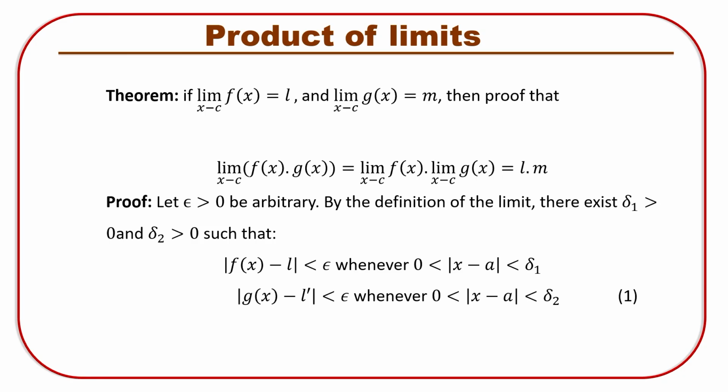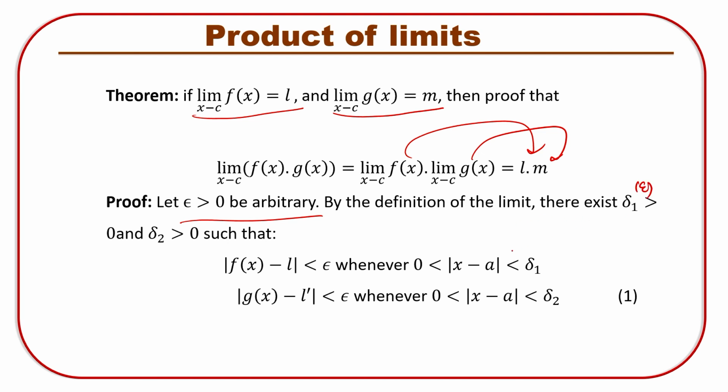Now look at the next theorem, the product of limits. Limit f(x) equal to L and limit g(x) equal to M. Then prove that limit f(x) into g(x) equals limit f(x) into limit g(x). So for epsilon greater than 0, taken as an arbitrary number, by the definition of the limit there exist delta 1, a function of epsilon, and delta 2, a function of epsilon.